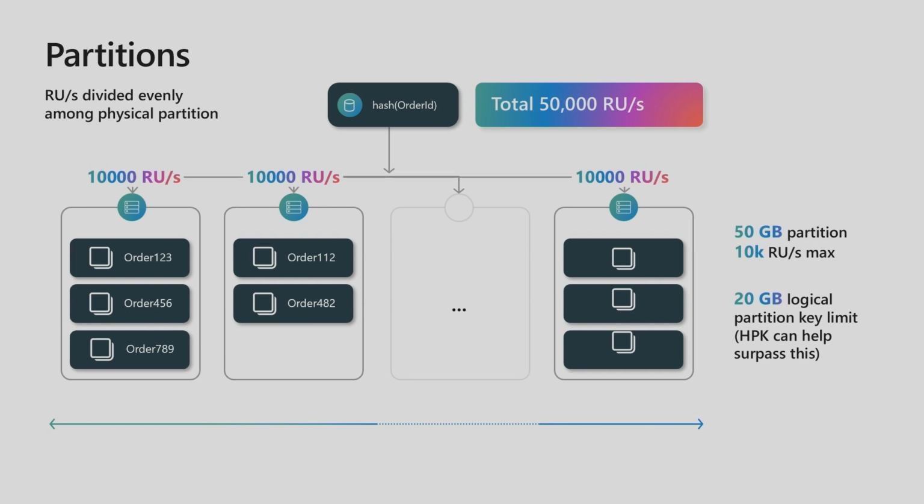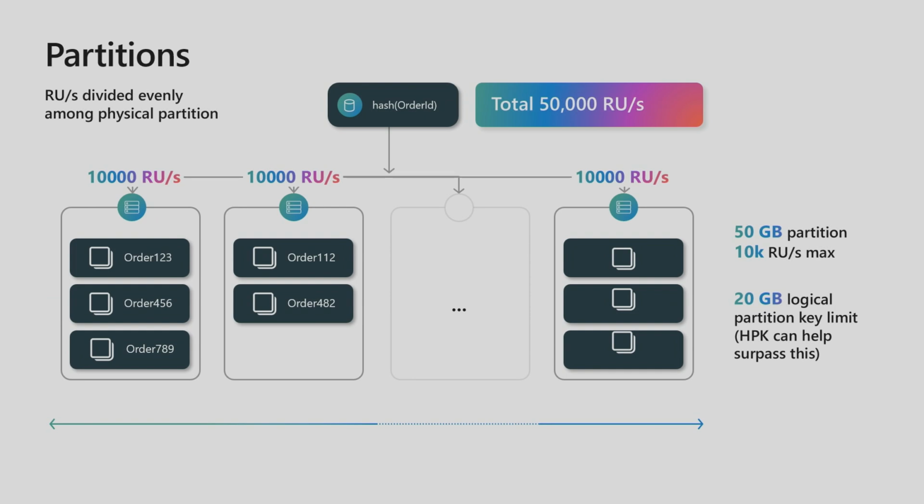Each physical partition can go up to 10,000 RUs, and this leaves us with 5 physical partitions. Each physical partition can hold up to 50 GB of data. Once you surpass that 50 GB limit, Cosmos DB will automatically split those physical partitions and create more for you.